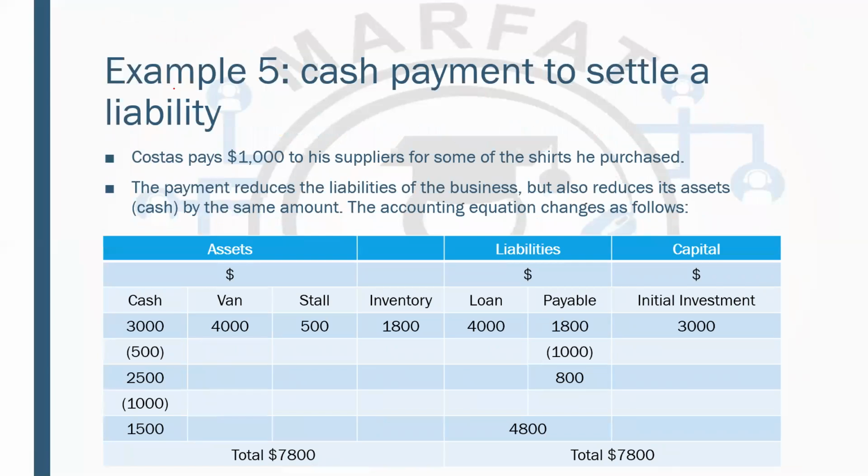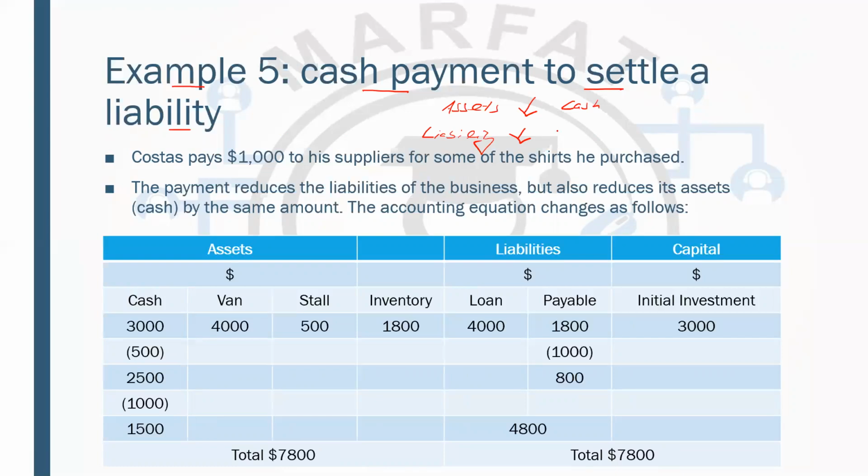Now we have example number 5, cash payment to settle a liability. You can see the two aspects just by looking at the name. You are making a cash payment, so an asset is decreasing, that is cash is decreasing, and you are settling your liability. Settling the liability means you are paying for your liability, and when you pay the amount, your liability is decreasing.